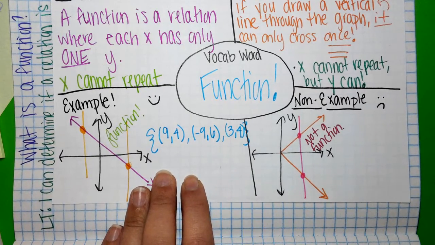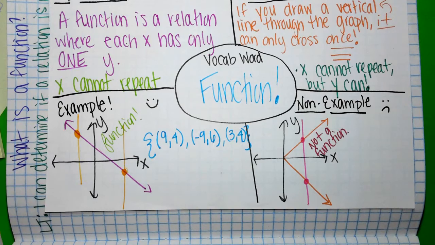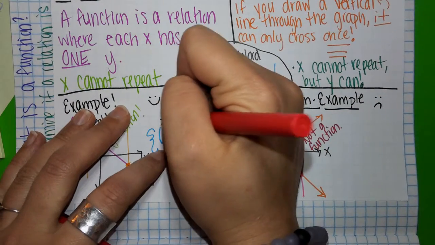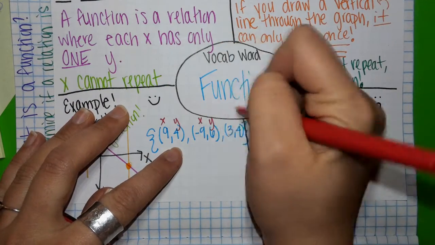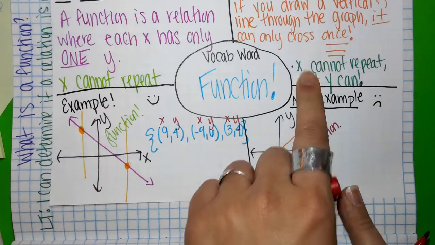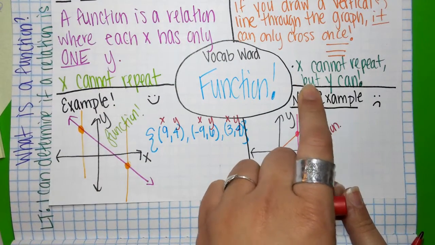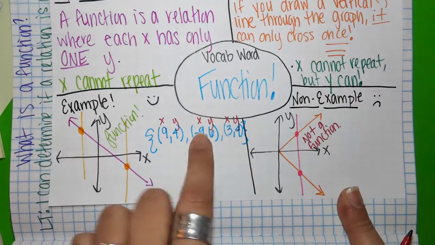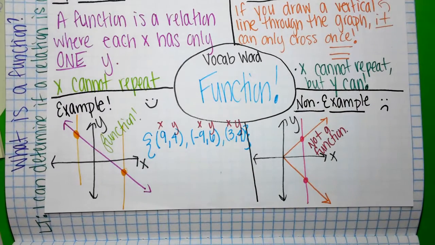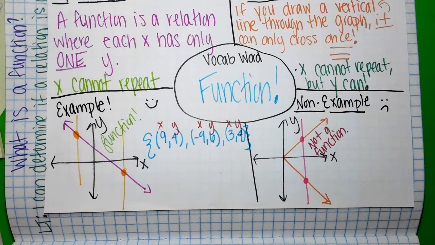No, my x values did not repeat. This is x, this is y. This is x, this is y. This is x, this is y. X cannot repeat, but what? Y can. So it's okay that I have two y values. Now write it down.